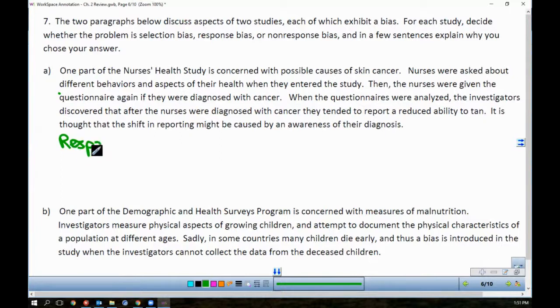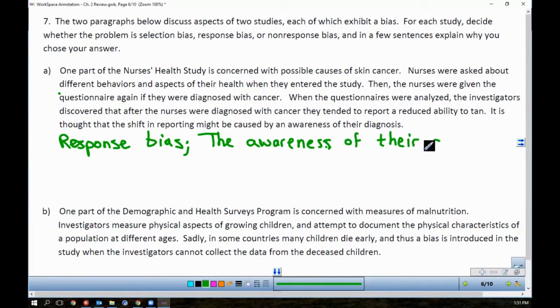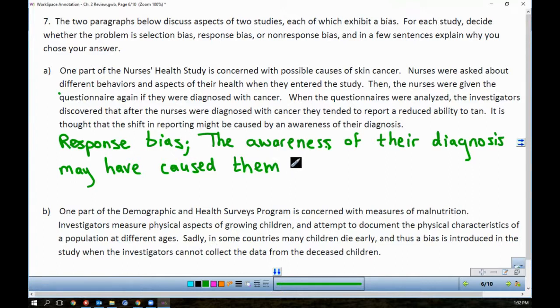Let's write it on here. Response bias. And we'll say the awareness of their diagnosis may have caused them to change their response.